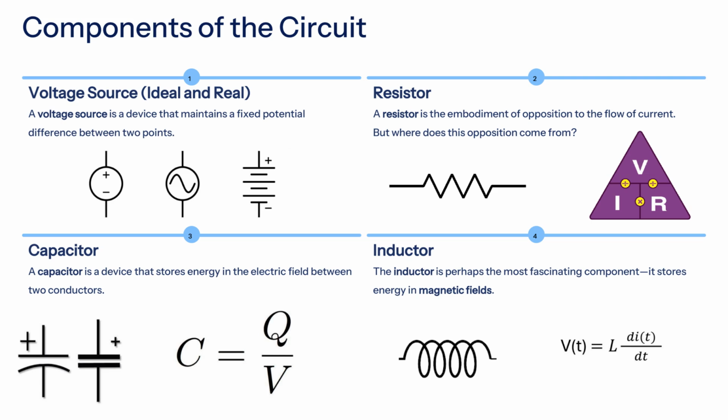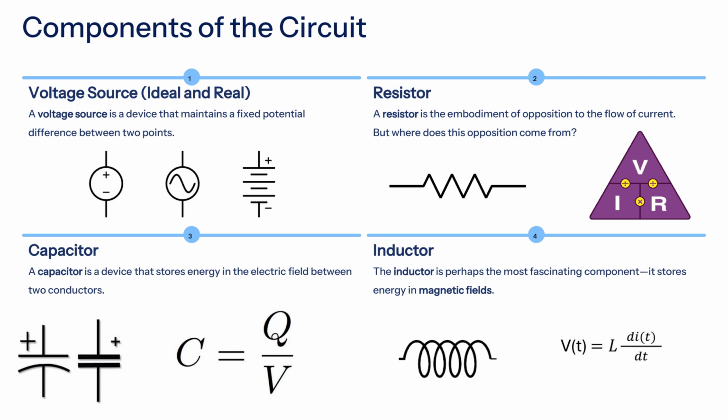The last component that we are going to talk about is the inductor. The inductor is perhaps the most fascinating component. It stores energy in magnetic fields. When current flows through a wire, it generates a magnetic field. If that current changes, the magnetic field changes, and nature resists this change. This is Lenz's law. So an inductor remembers the current. It resists changes in current just as a flywheel resists changes in rotational speed.